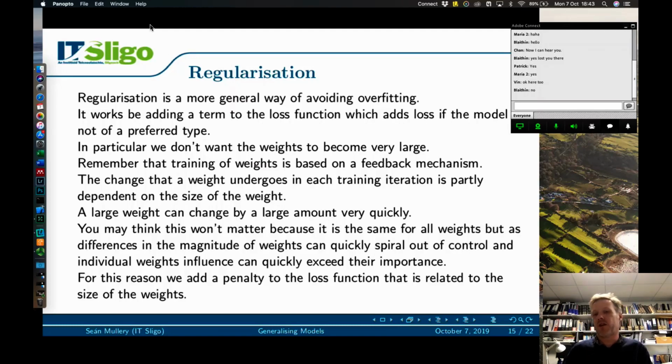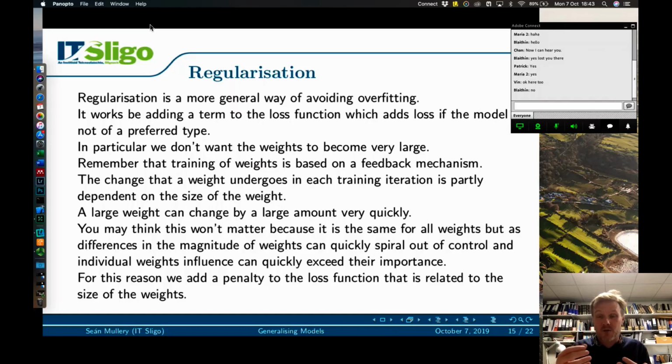So rather than trying to reduce the features, get more data, or reduce the complexity of the model, instead we put in this regularization term and we optimize with it there, and that basically stops the model from becoming any more complex than it needs to be to solve the problem.